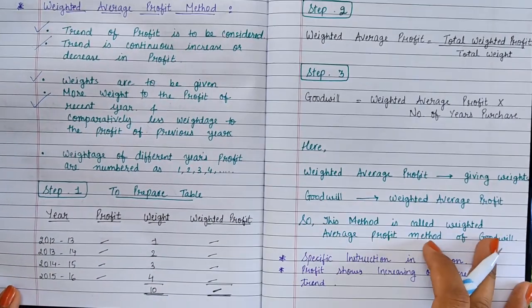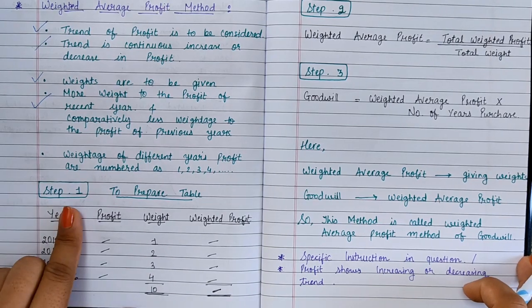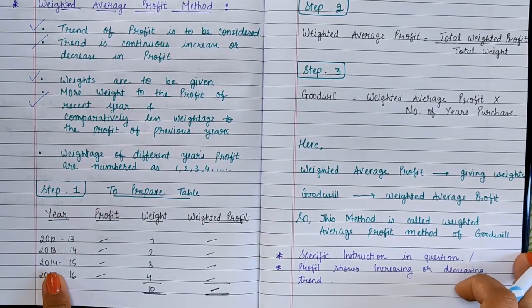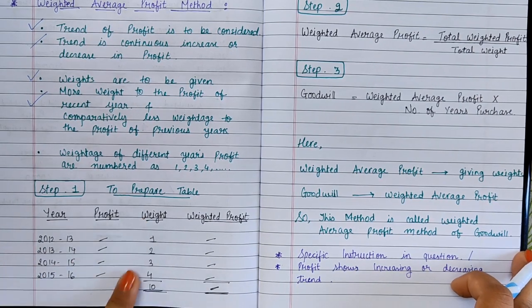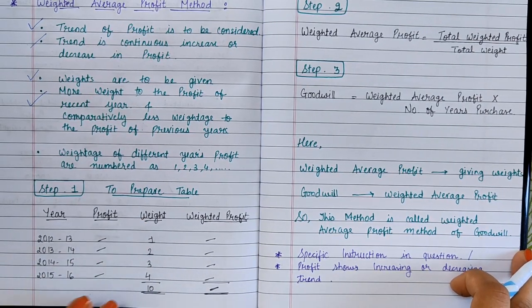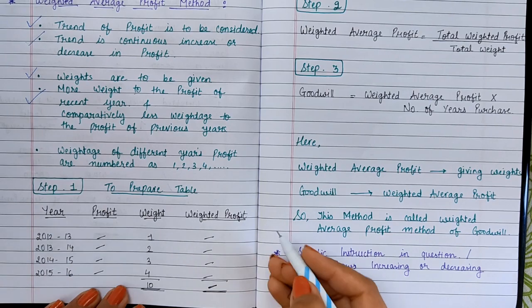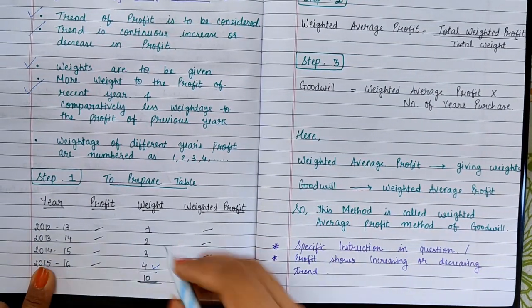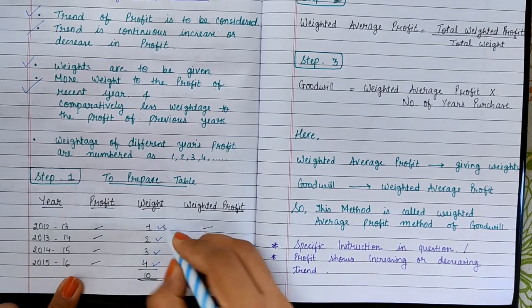Now steps under this method. The first one is to prepare the table where profit is given with years. You have to assign weight. Here you have to assign more weight to the recent year and then to the previous years.